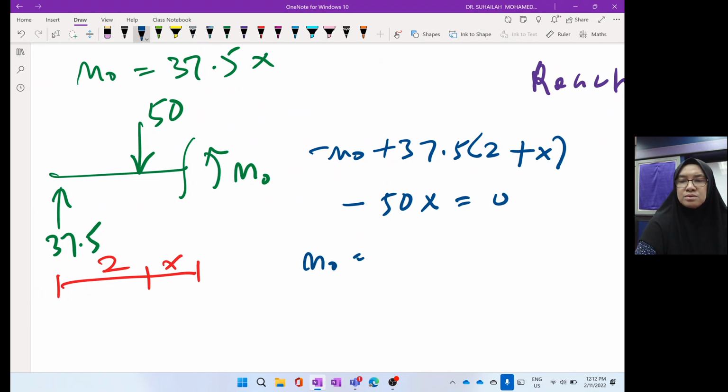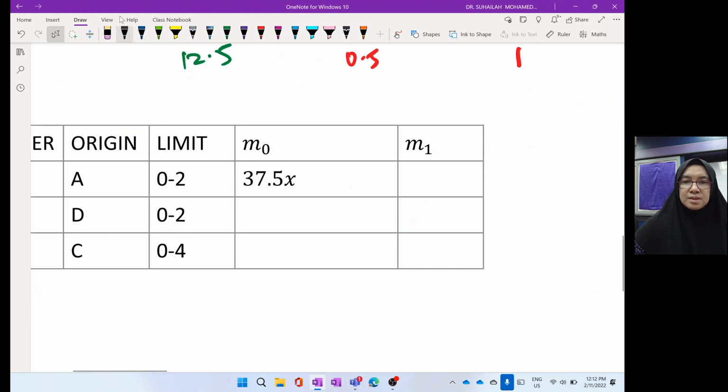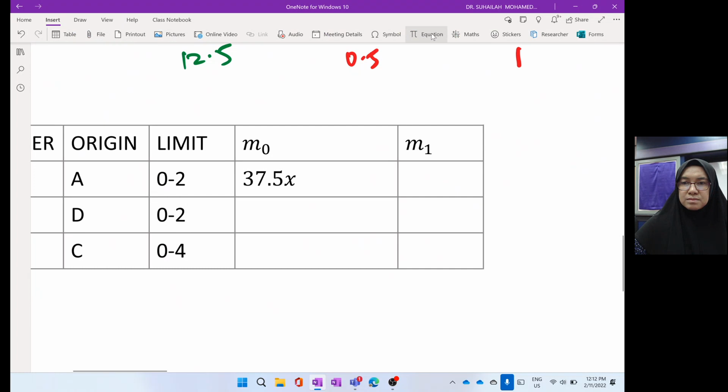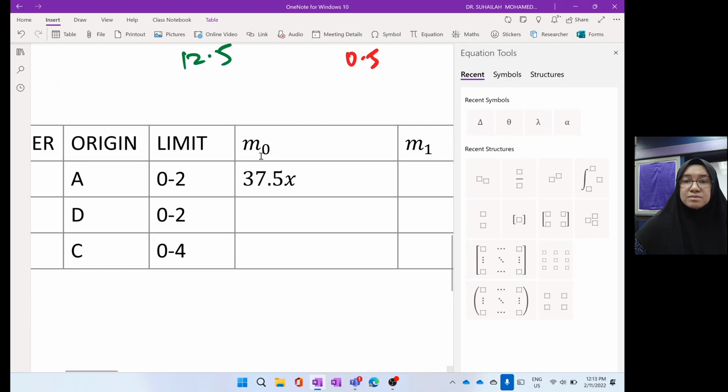So M naught equals 37.5 times 2, which is 75, plus 37.5X minus 50X. That is minus 12.5X. So it is 75 minus 12.5X.